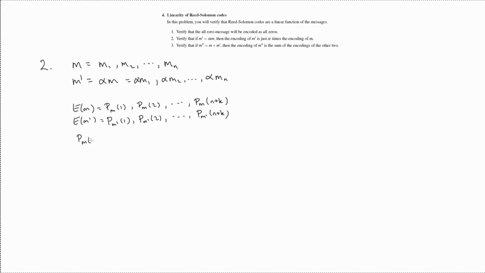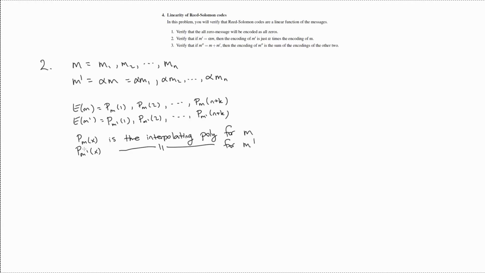Now, p sub m is the interpolating polynomial for the message m. And similarly, p sub m prime is the interpolating polynomial for m prime.